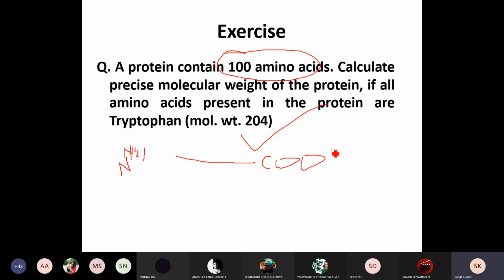It means that one peptide bond will be less. Do you understand my explanation?